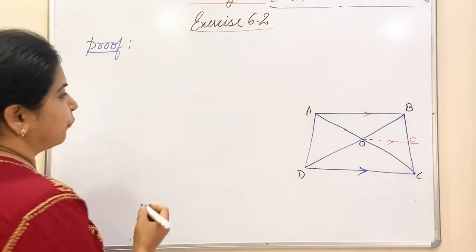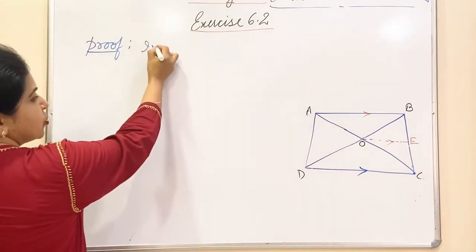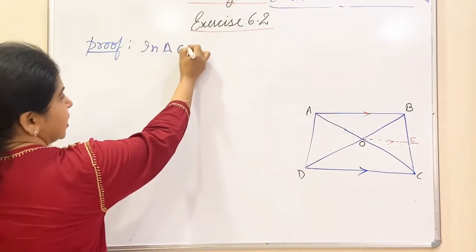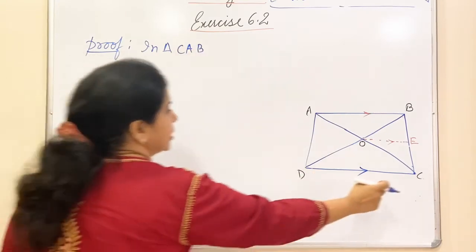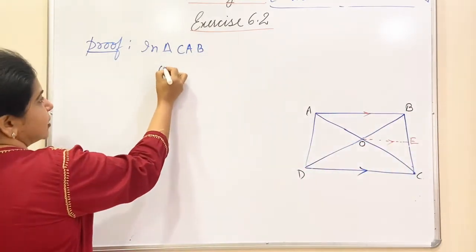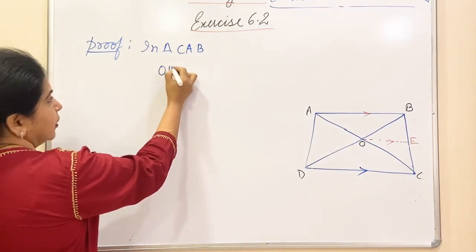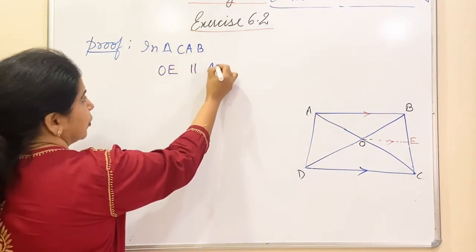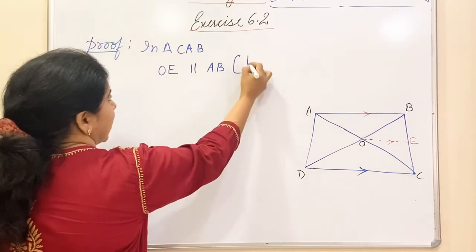Now proof. Here in triangle CAB, by construction we have taken OE parallel to AB.